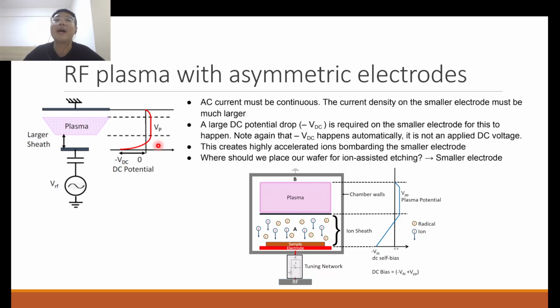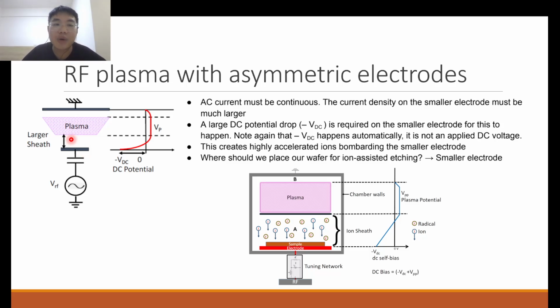And so we apply this idea that the current flowing to the cathode and the current flowing to the anode, or basically the current flowing to both electrodes, must be the same. The total current flowing through both electrodes must be the same. And so if the electrode where the wafer is placed is smaller, then the current density must increase because the same current must flow through a smaller area.